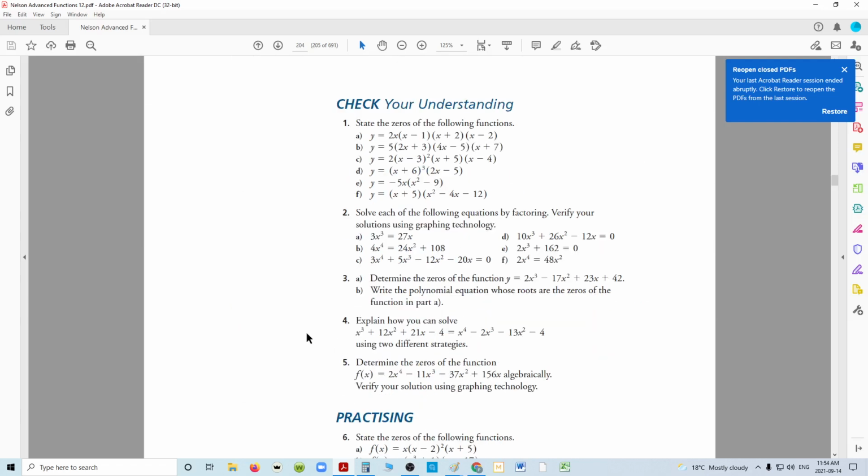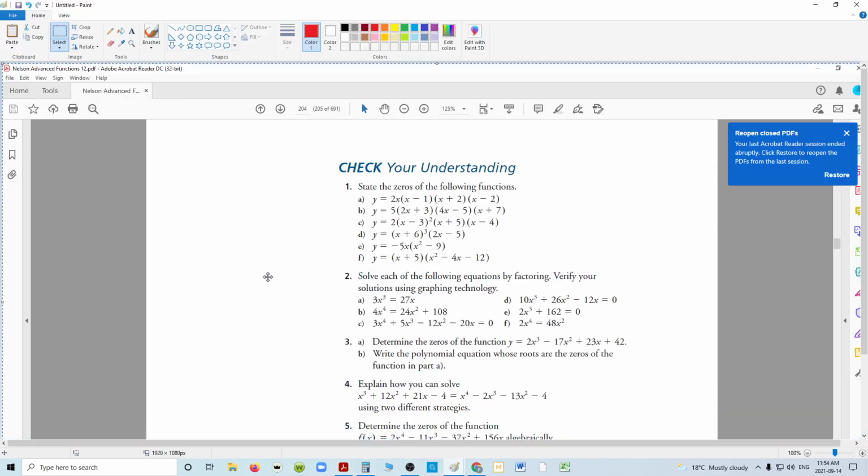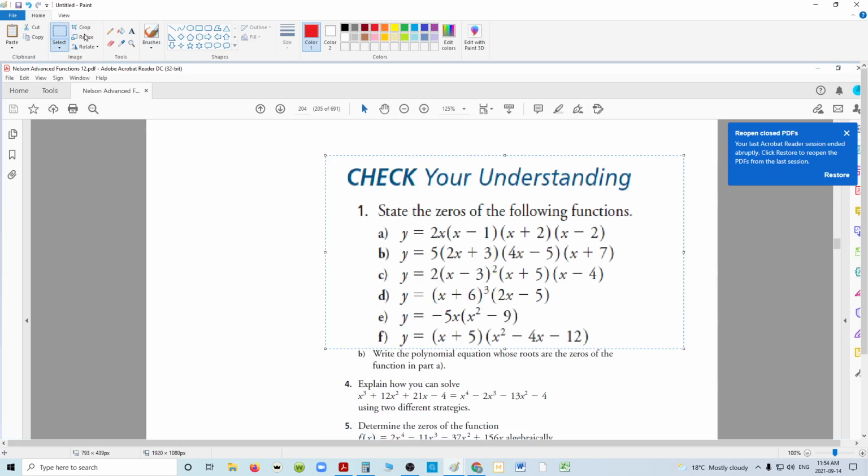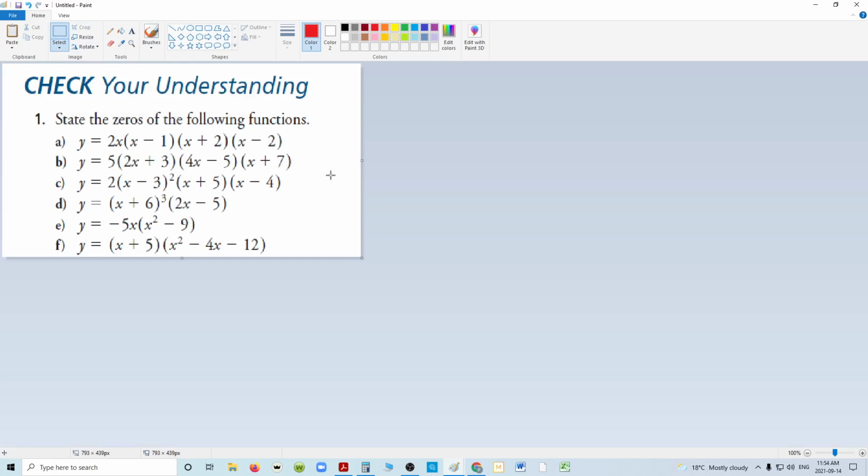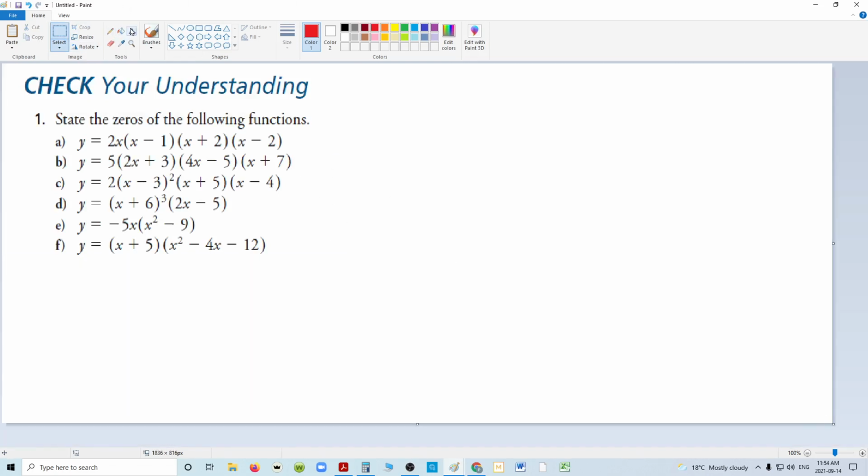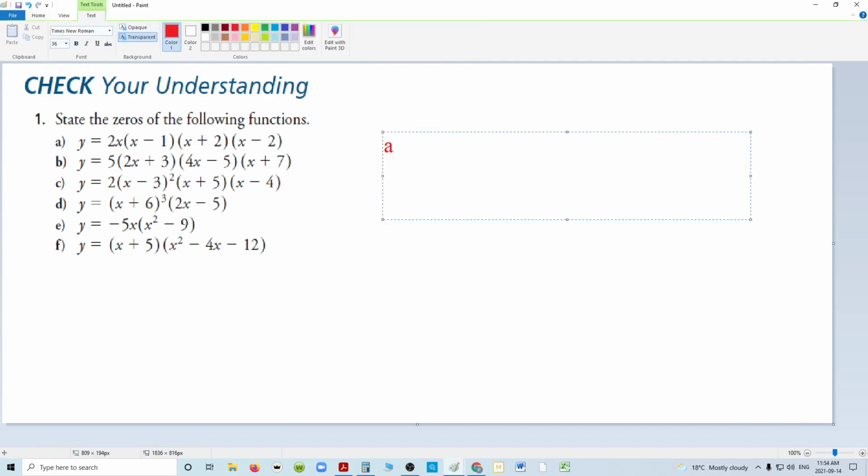Then they just want you to make sure you understand what you're doing. All the books will show you a method to solve each of these equations as you go along. So find the zeros. Okay, this is A. The roots are 0, 1, -2, and 2.